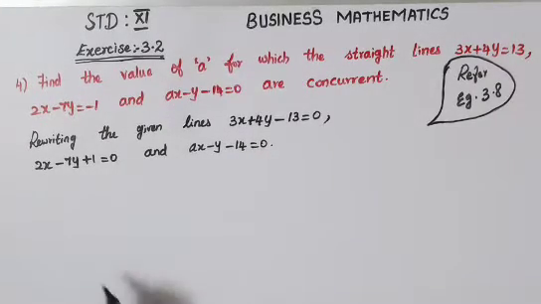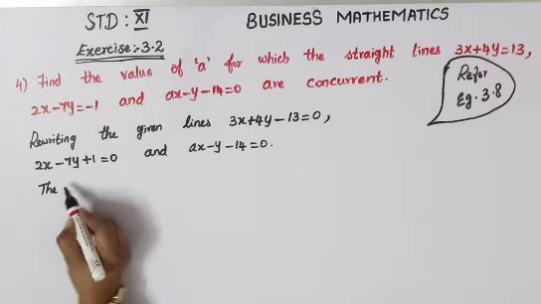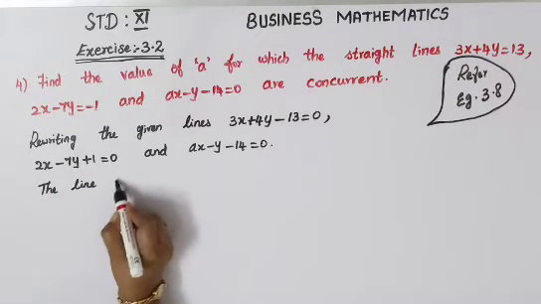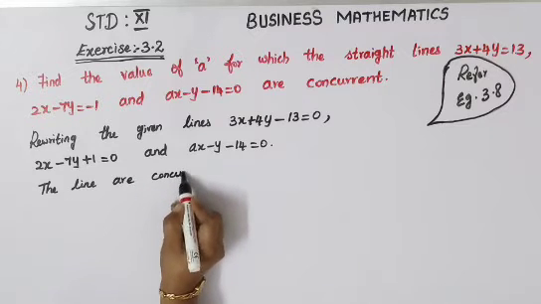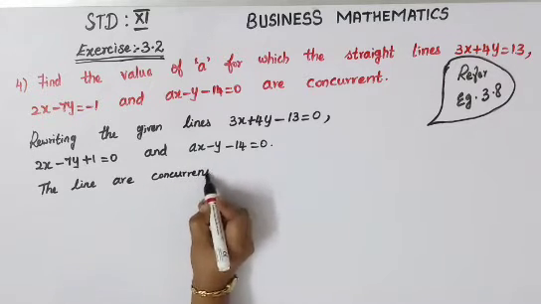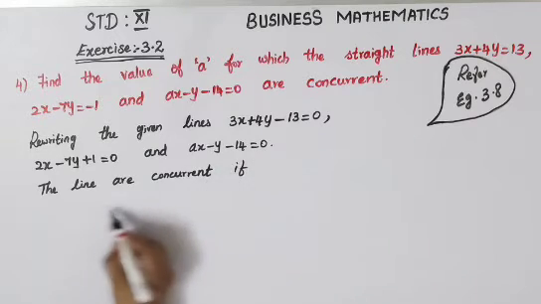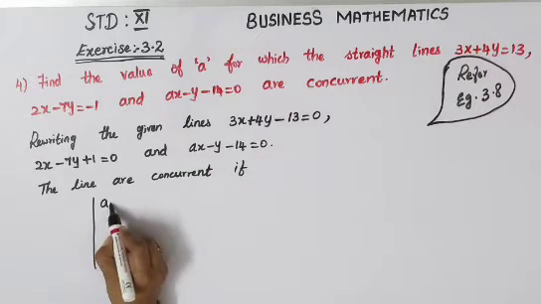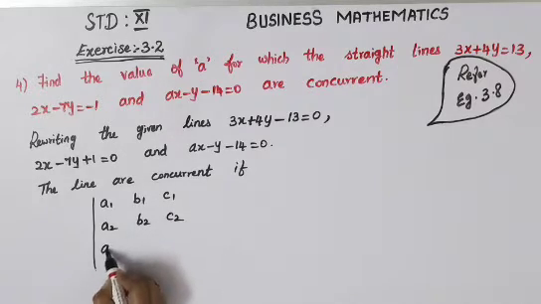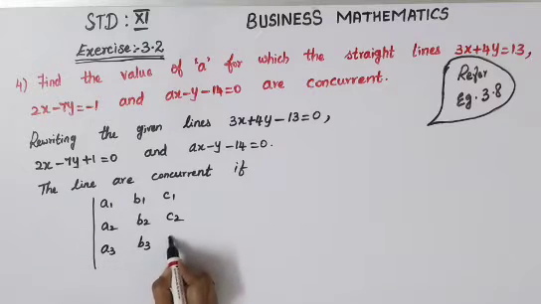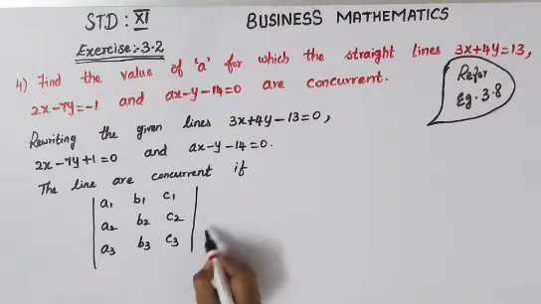Now the condition for concurrency is: the lines are concurrent if the determinant of a1, b1, c1, a2, b2, c2, a3, b3, c3 is equal to 0.